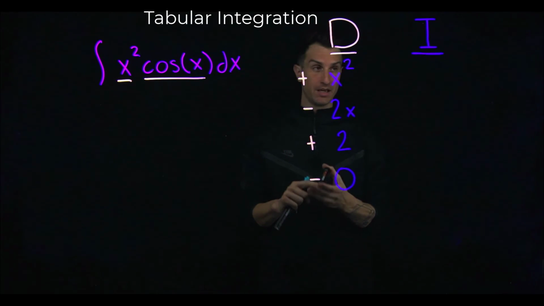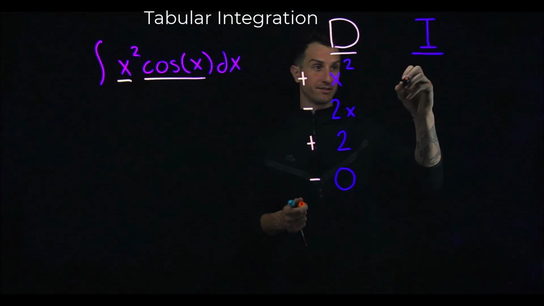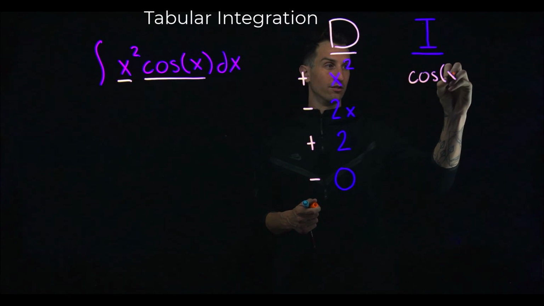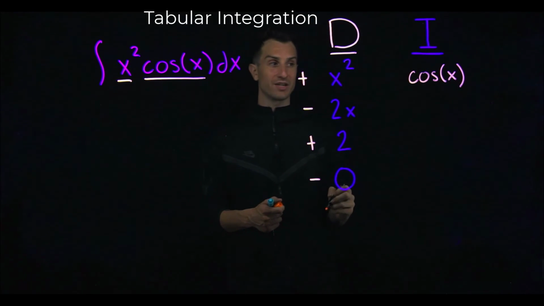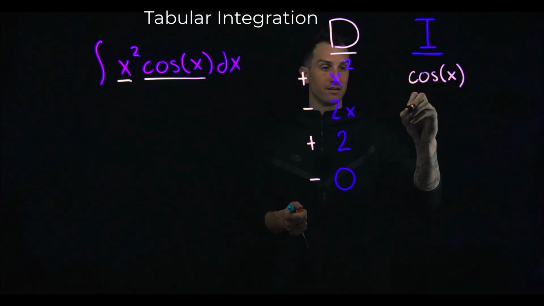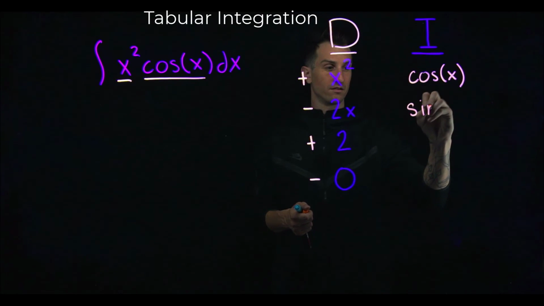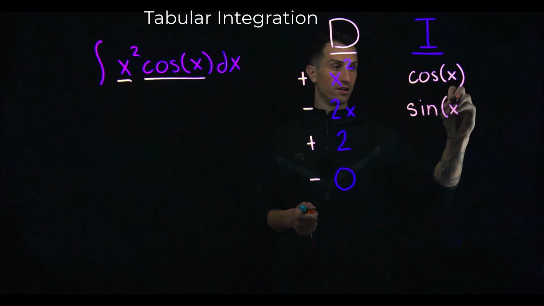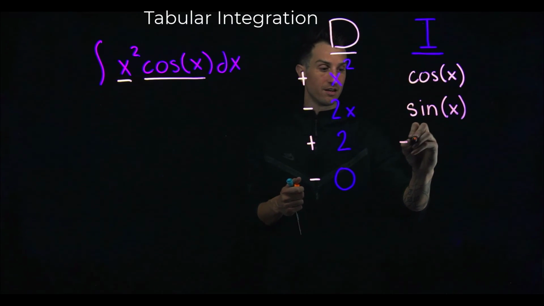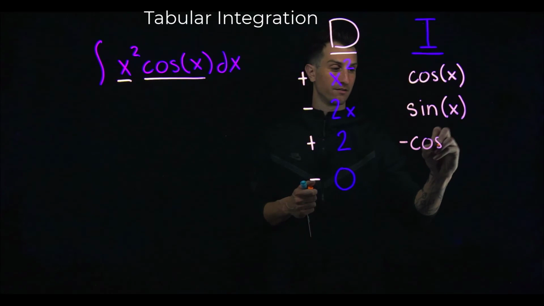I'm done. The next one, cosine of x, I'm going to keep taking its integral. So where does a cosine of x come from? It comes from a positive sine. Where does a positive sine come from? It comes from a negative cosine.